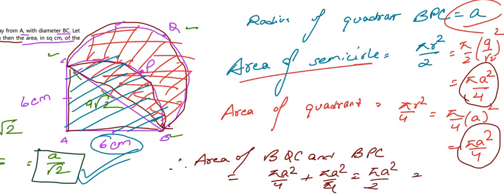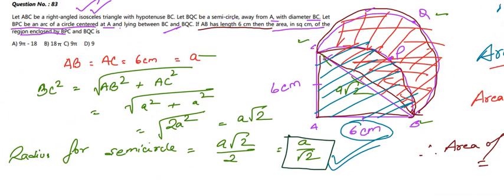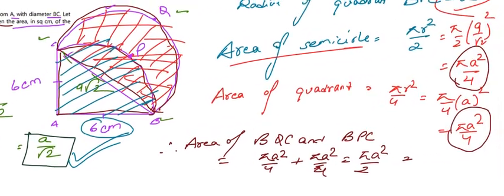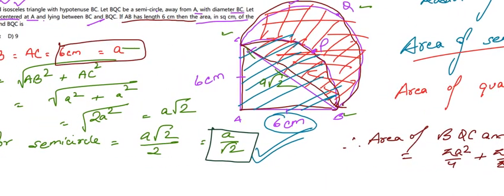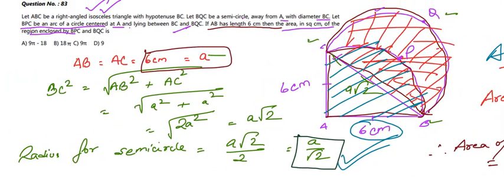Now we know our a, as we have assumed a is 6 centimeters. So let's put the value here. This will be pi into 6 square by 2, which is equal to pi into 36 by 2, which will be 18 pi. So our answer to this question is 18 pi. Let's check the options. Option B matches with our answer. Hence answer to this question is option B.